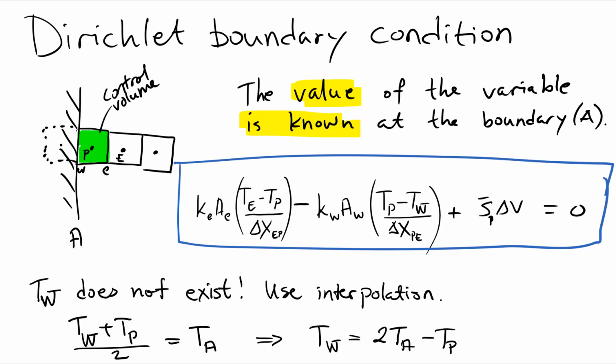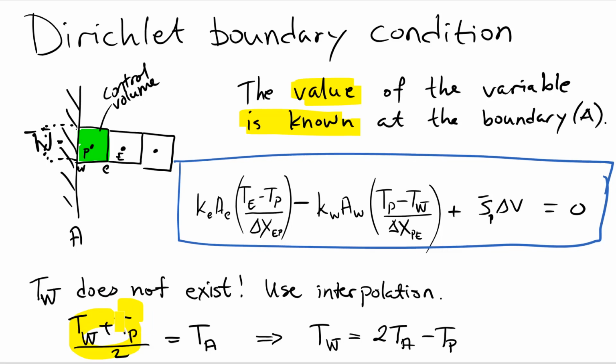So this does not exist, but it would be named capital W. But it does not exist. Instead, we use interpolation like this to find the value of T capital W. So this is the interpolation.